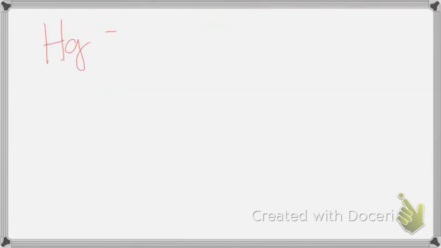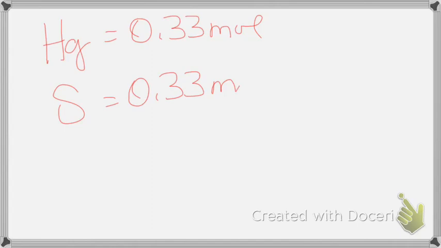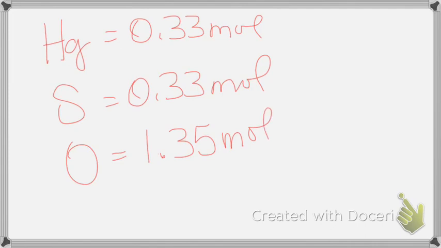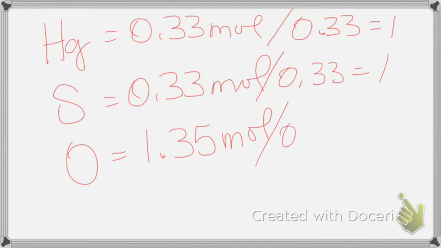So for mercury, we calculated 0.33 moles. For sulfur, we calculated 0.33 moles. For oxygen, 1.35 moles. And so what you're going to do is you're going to find the smallest, divide by that number, and what do you get when you divide 1.35 divided by 0.33?